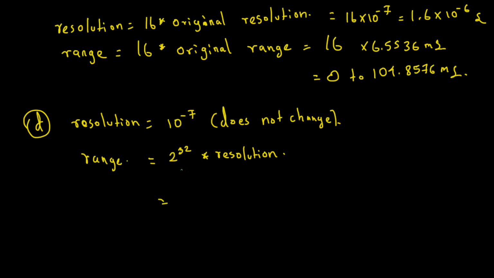So 2 power 32 times 10 to the power minus 7, you will get 429.4967296 seconds. So the range is going to be 0 to 429.4967296 seconds. Okay, that's our range.